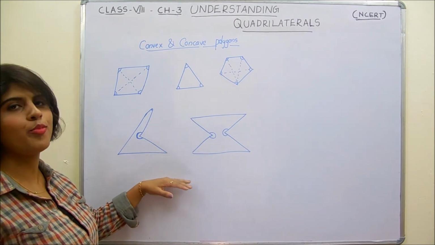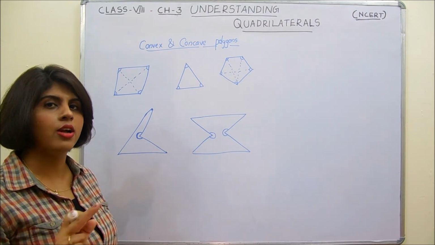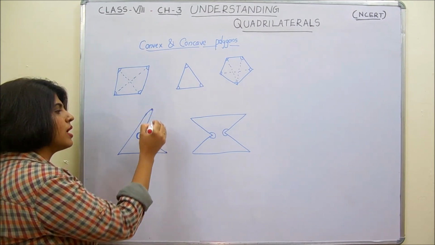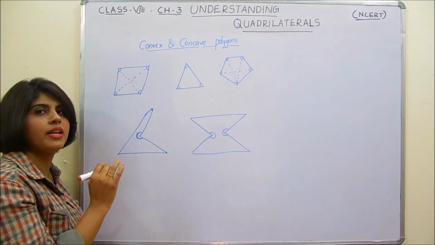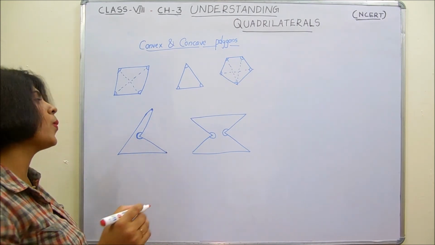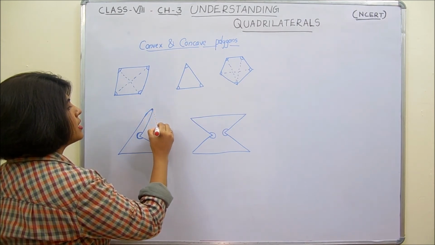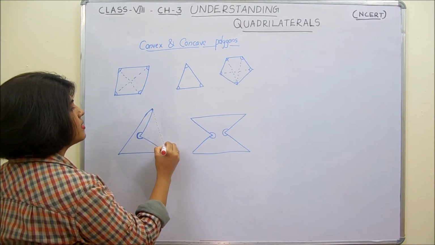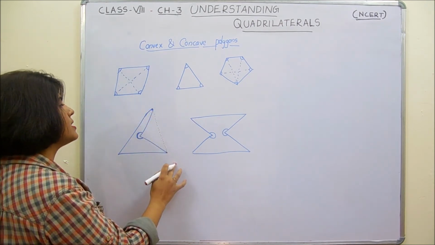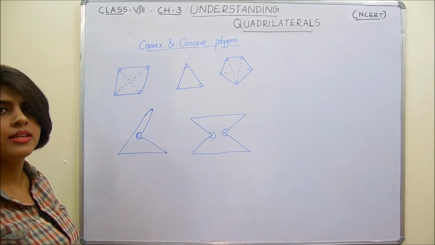And in this type of polygon, at least one diagonal should lie outside the polygon, or in the exterior of the polygon. Here, these two are non-adjacent vertices of this polygon. We have seen what the diagonals of a polygon are. So we can form a diagonal of this polygon connecting these two non-adjacent vertices. But this lies in the exterior of the polygon, isn't it?